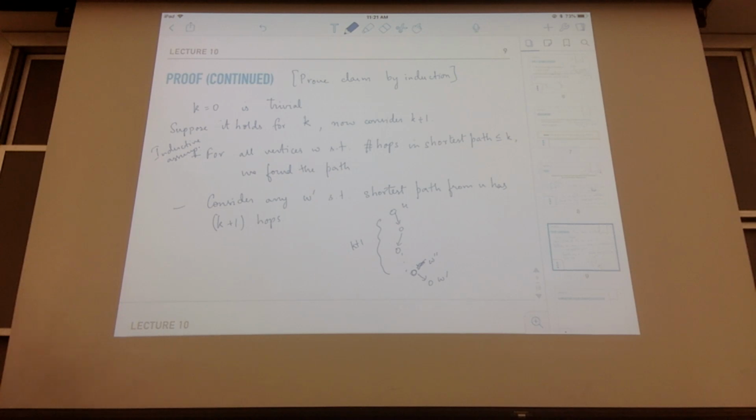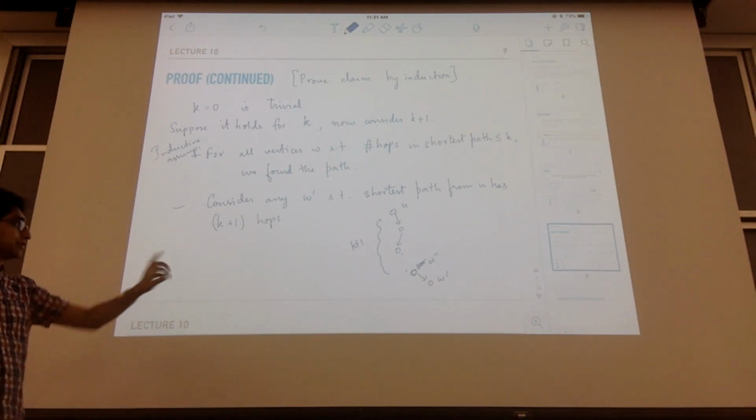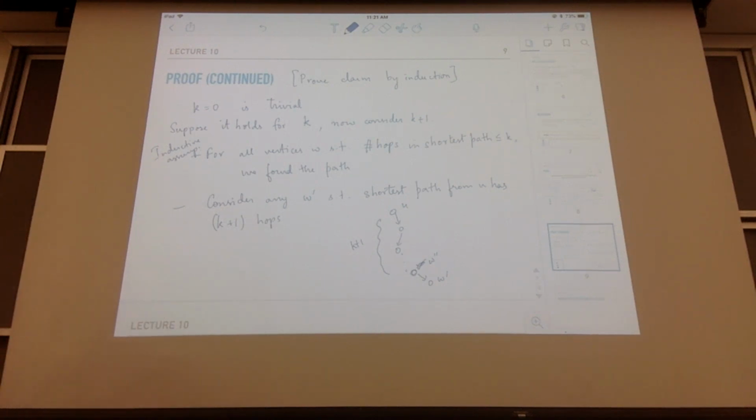Remember, we don't know this path; this is just for the purposes of analysis. So I want to claim that at the beginning of this iteration, we would have had the right value for the distance of W double prime.